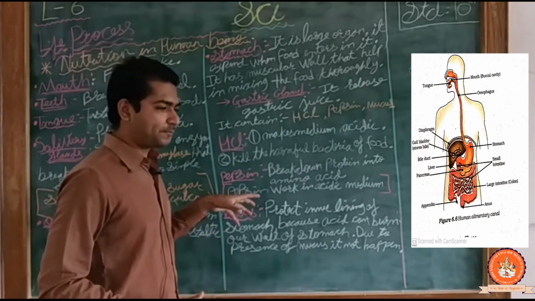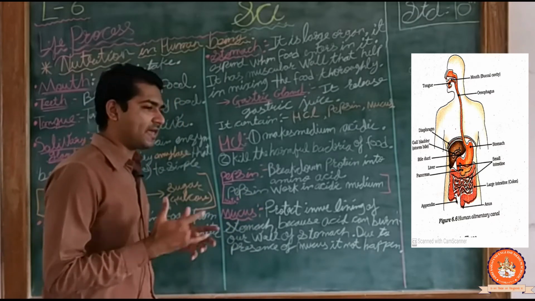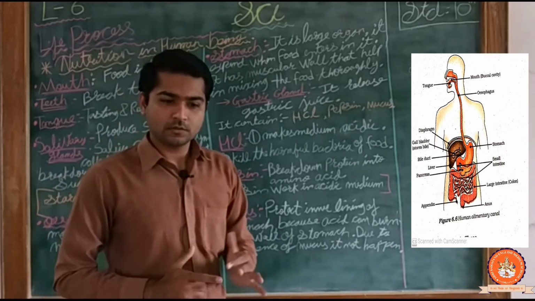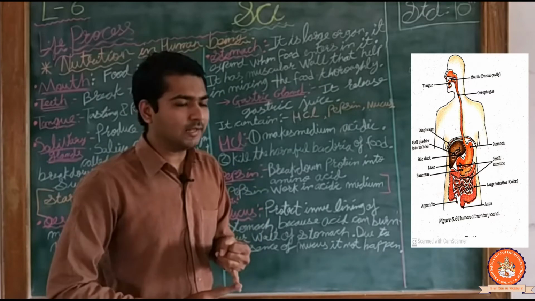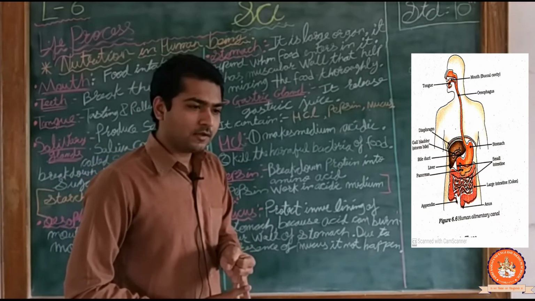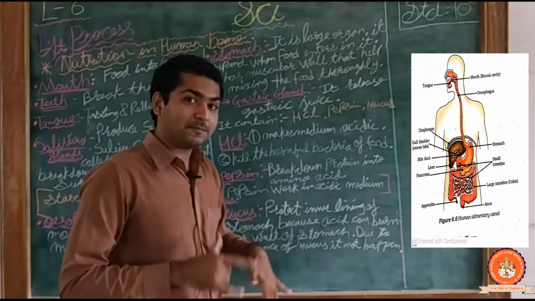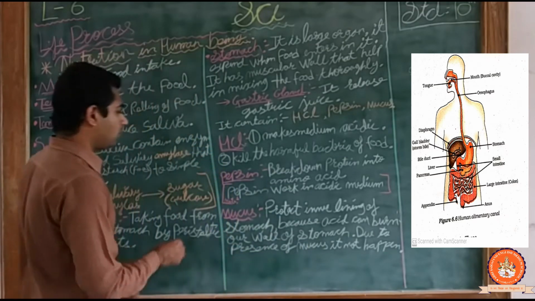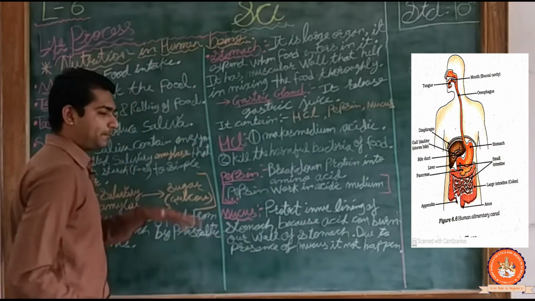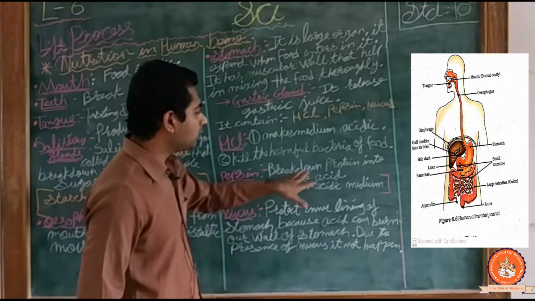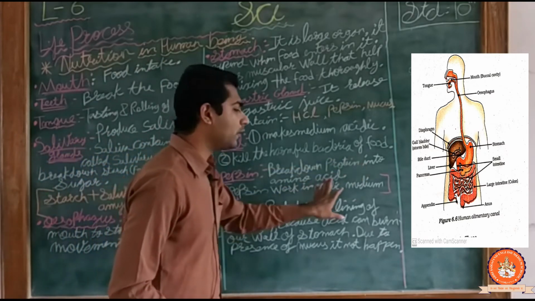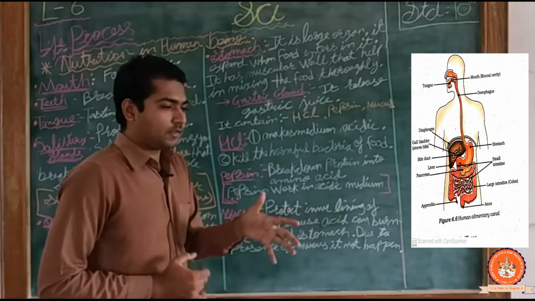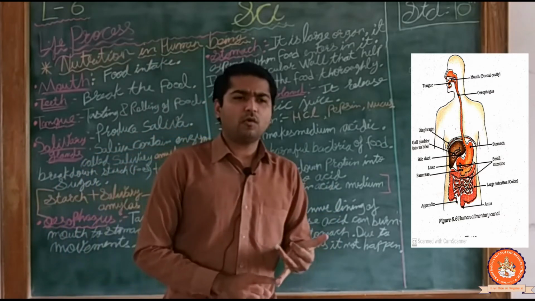Now what is pepsin? So here the pepsin works in acidic medium only. The first work of the acid is to kill the harmful bacteria. Second, because of the acidic medium, the pepsin will work. So what is the function of pepsin? Pepsin breaks down protein into amino acid. Now the food contains carbohydrate, fat, protein, minerals, all the nutrients.